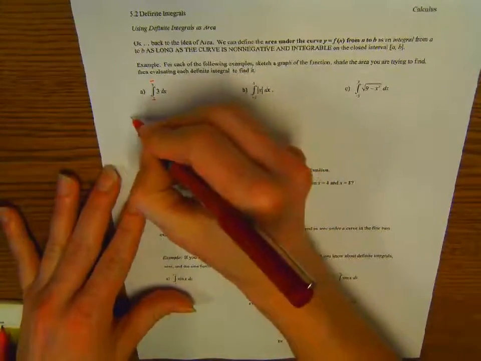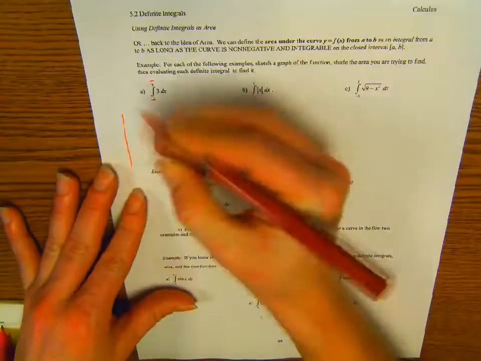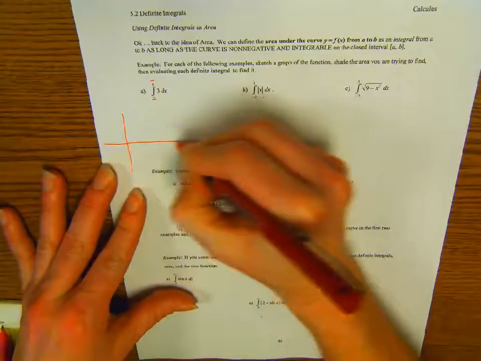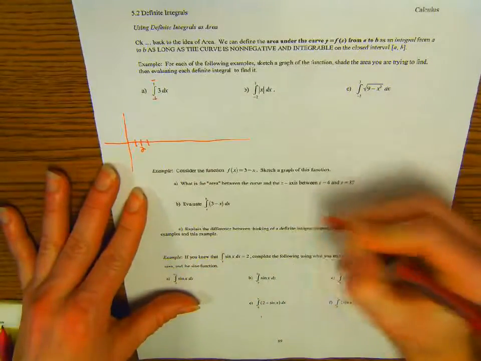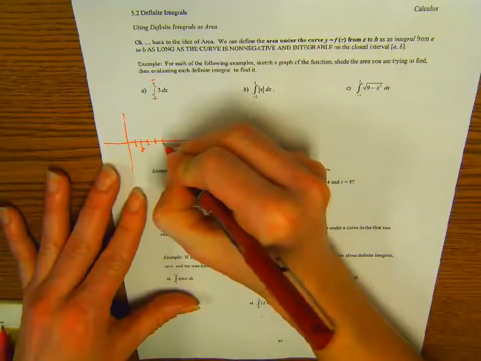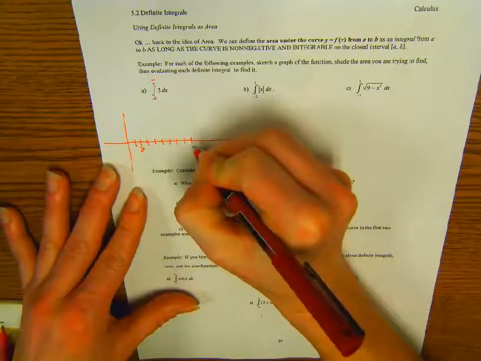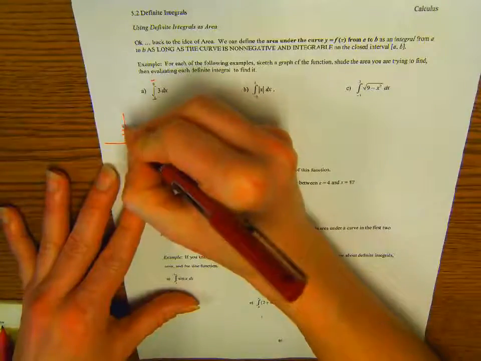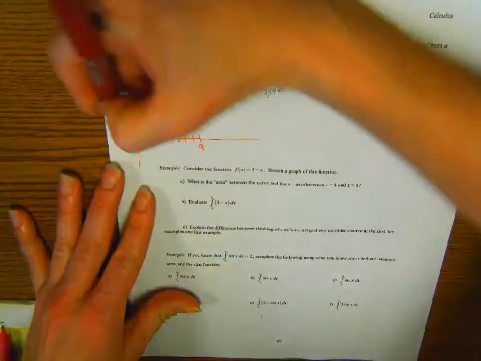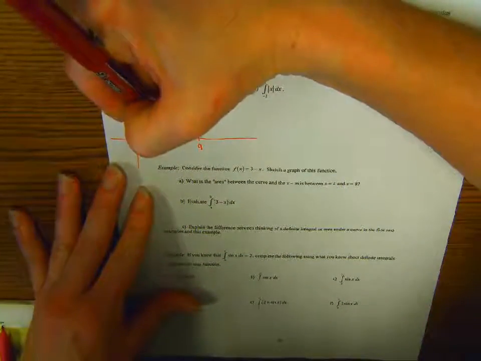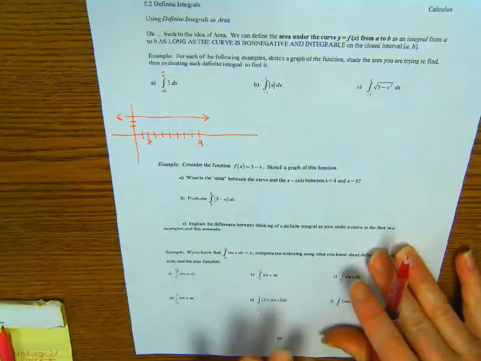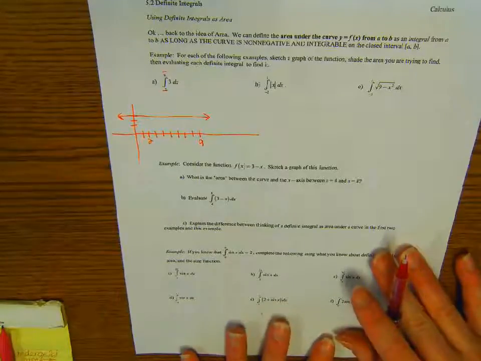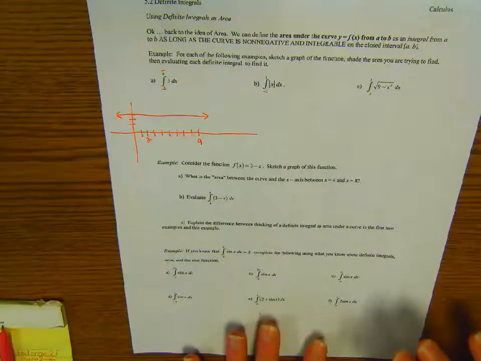Okay, so here's what this would look like. 1, 2, 3, 4, 5, 6, 7, 8, 9. 1, 2, 3. I'm going to draw a horizontal line. I would like to find the area between the curve and the x-axis.